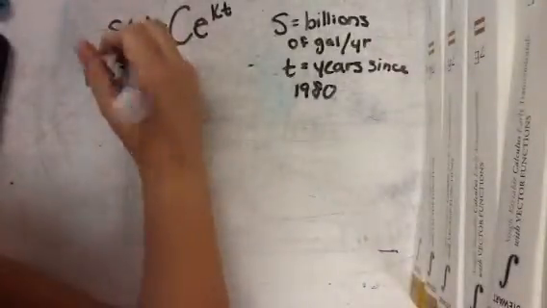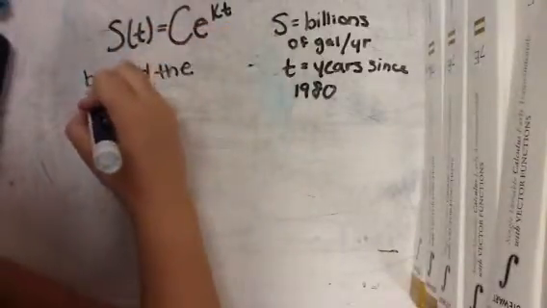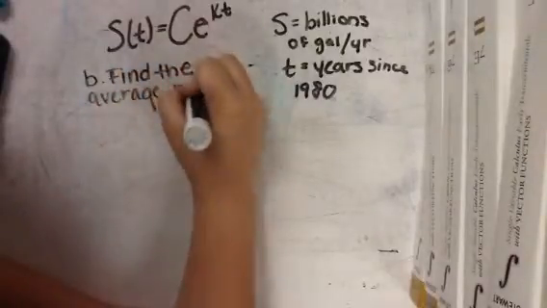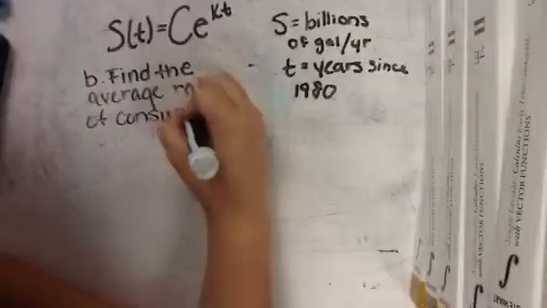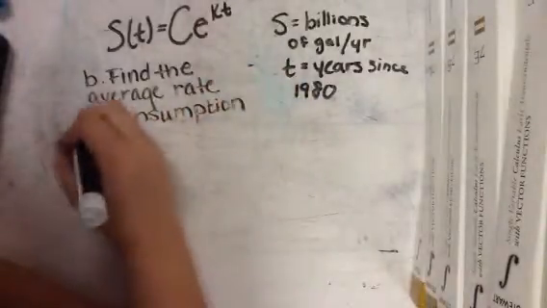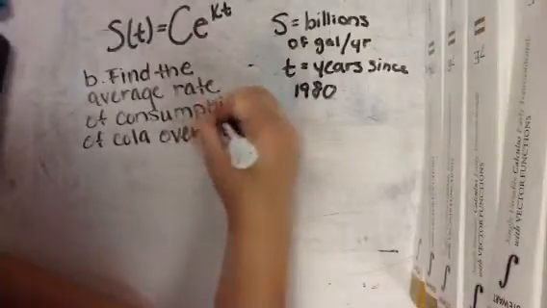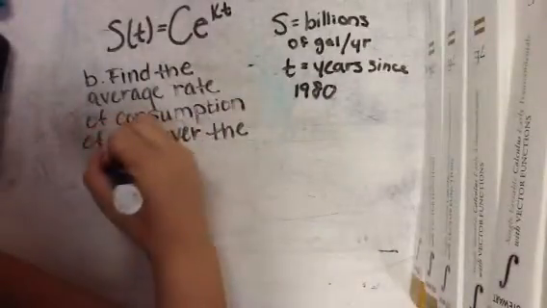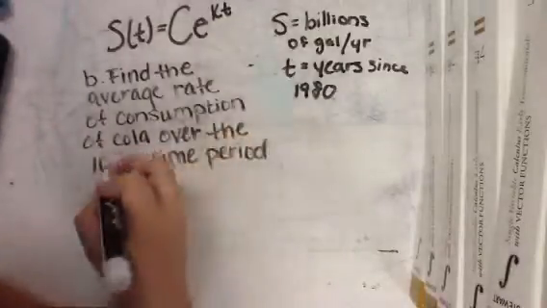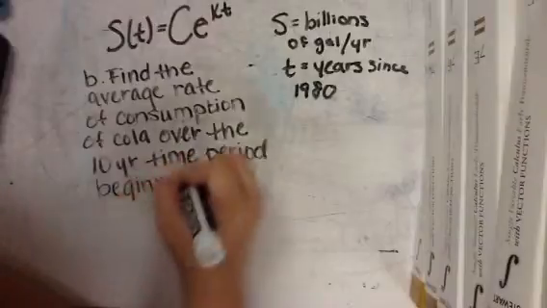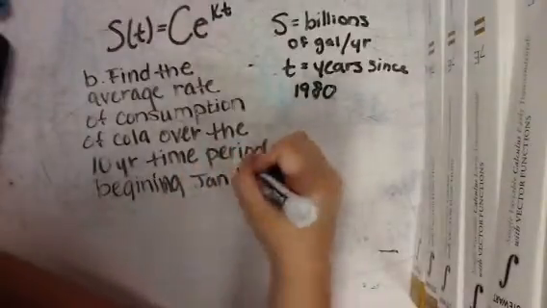Part B states that we want to find the average rate of consumption of cola over a 10-year period, beginning January 1st of 1983.